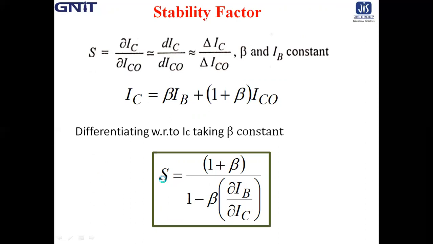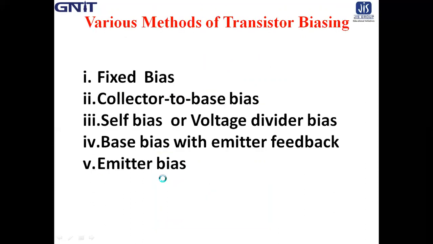Now, what are the various methods of transistor biasing? The common methods used for transistor biasing are fixed bias, collector to base bias, self bias, which is very important, or voltage divider bias, base bias with emitter feedback, and emitter bias.